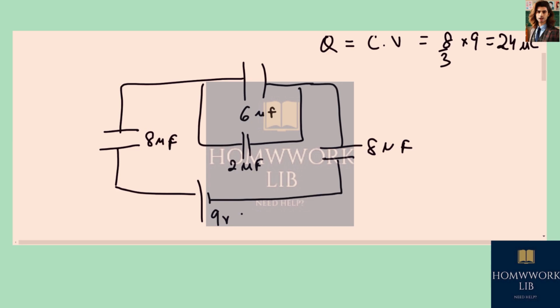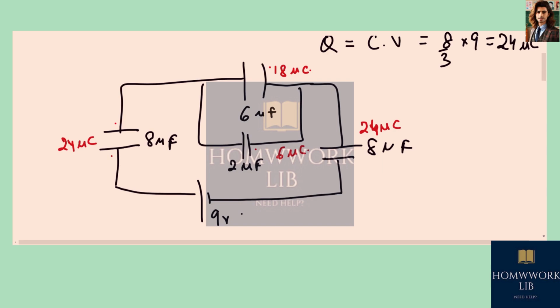And the charge that we obtained was 24 microcoulomb deposited on this capacitor, 24 microcoulomb deposited on this capacitor as well, and then 18 microcoulomb here and 6 microcoulomb here on this capacitor.